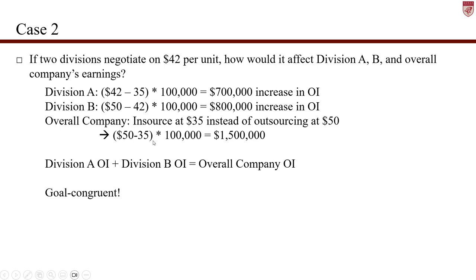So the increase in OI is going to be 50 minus 35 times 100,000 units, or $1.5 million. So as you can see, every division and the company overall is gaining a profit, so it's a goal congruent decision to negotiate on $42 per unit. Make sense?